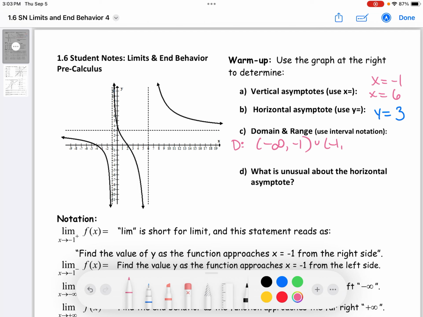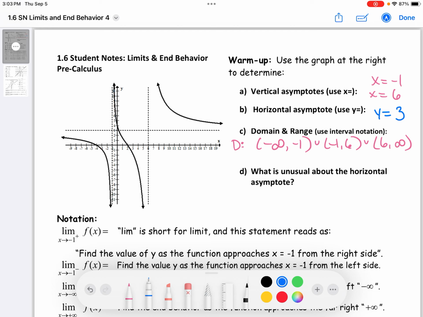The next section will be between the vertical asymptotes, -1 to 6. And the last section will be from 6 to infinity. All of those are parentheses because we never touch any of them. We never can touch infinity, and the graph absolutely cannot cross vertical asymptotes.